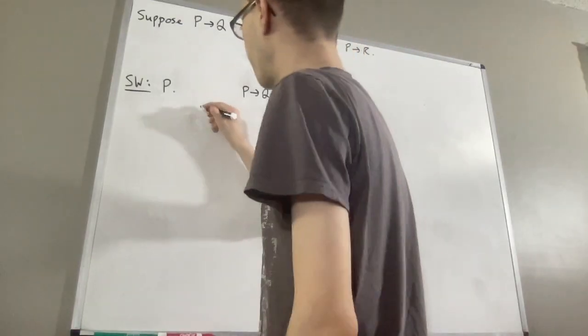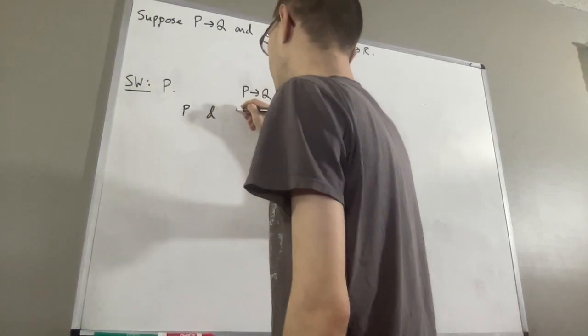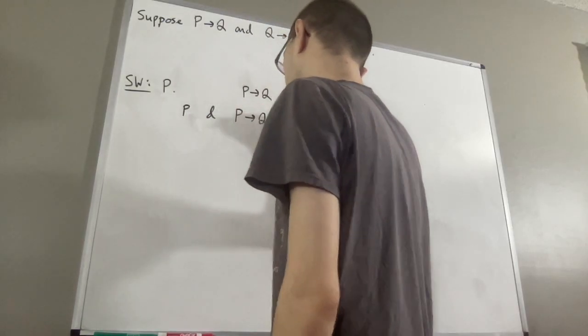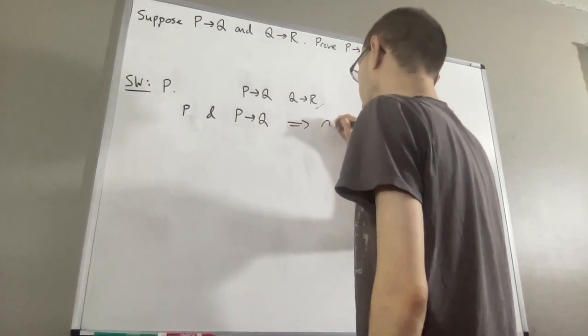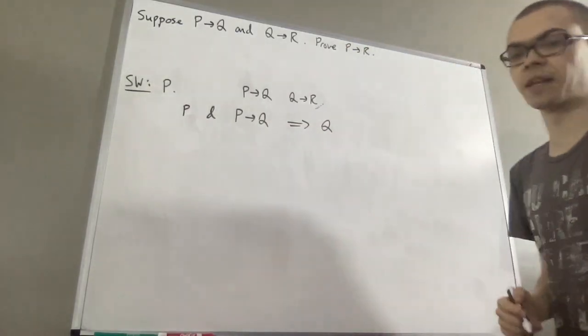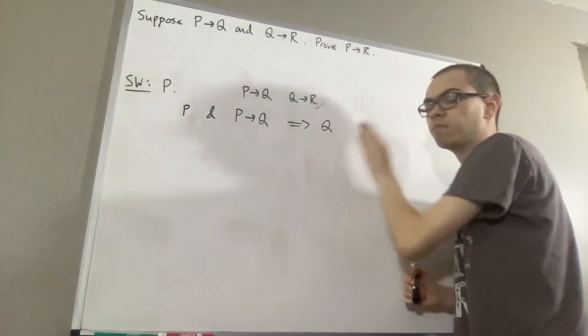So, from the fact that P is true, and from the fact if P is true, then Q is true, these two statements tell us that we can conclude that Q must then be true. This inference rule is called modus ponens.